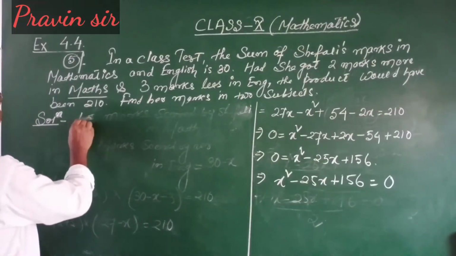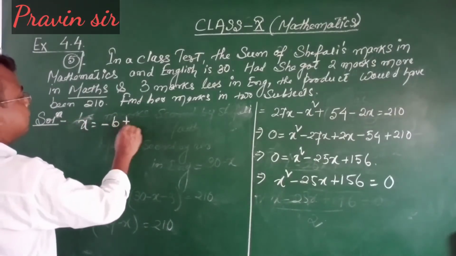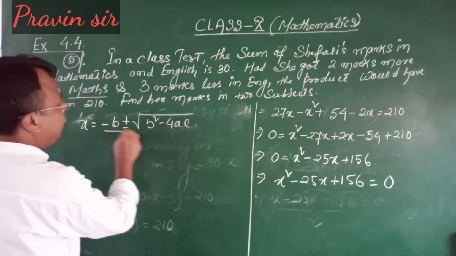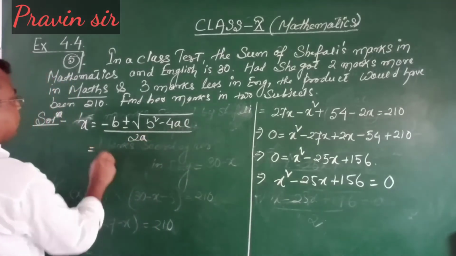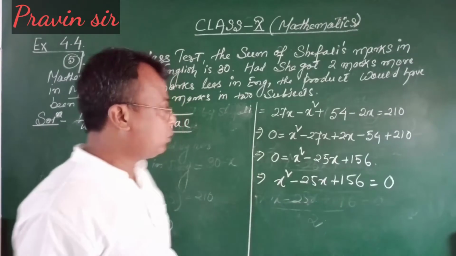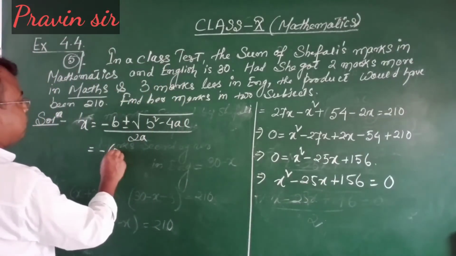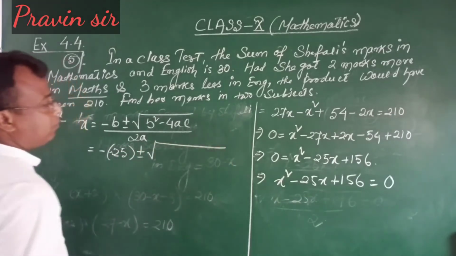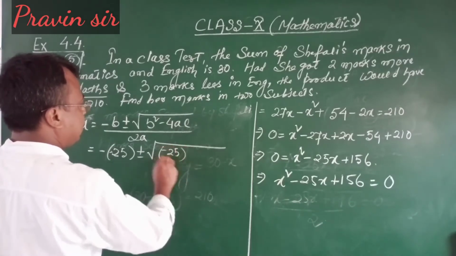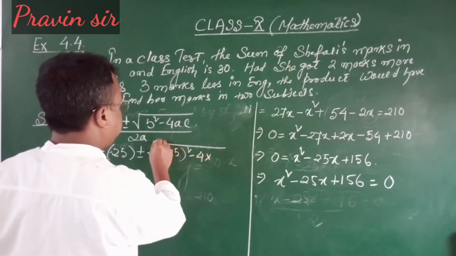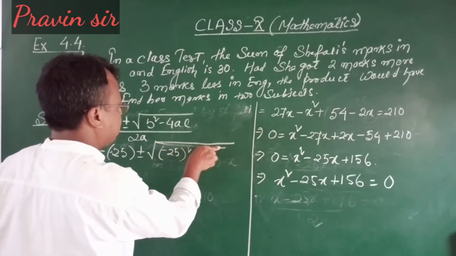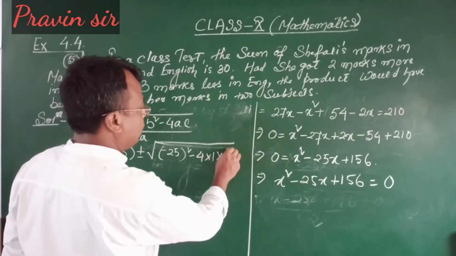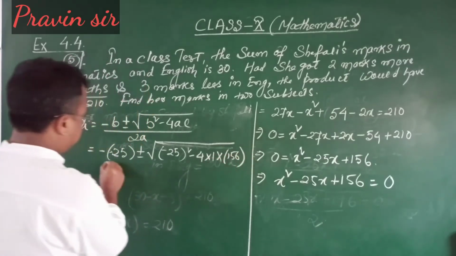We know x is equal to minus b plus minus root over b square minus 4ac, divided by 2a. So minus b here is minus of minus 25. So 25 plus minus root over b square, minus 25 square, minus 4ac, 4 into a which is 1, into c which is 156, divided by 2a.